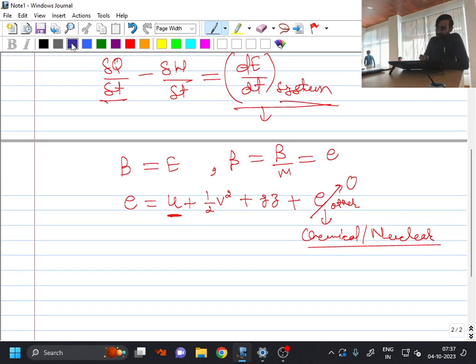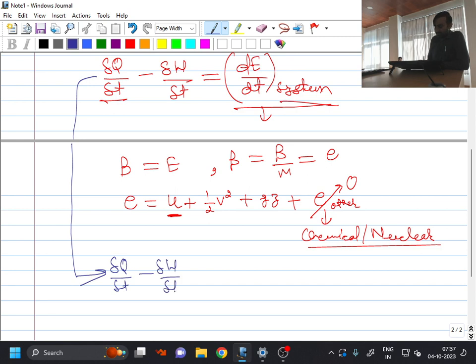Okay, so now I will try to write this equation again. I can write the left hand side as del q by del t minus del w by del t, and can you tell me now what will be d by dt of the system?